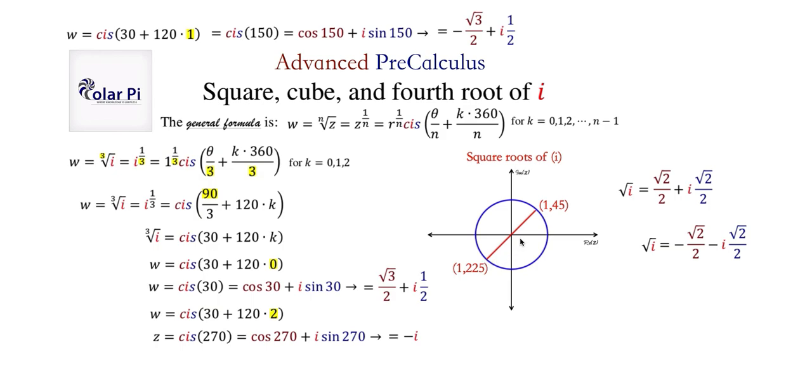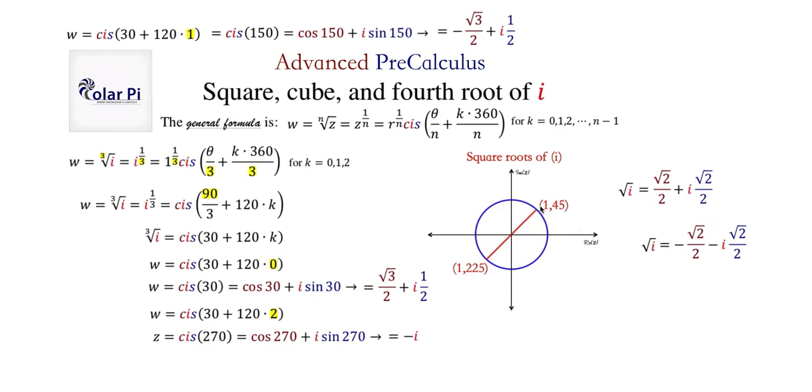To find the other square root, you just go 180 from the first one. Technically, in the real and imaginary axes, this circle and these lines are not there. I'm just helping you visualize the complex numbers. The complex numbers would actually be just a dot here and a dot here. But in any case, their r value and their angle completely determine them, and this one is this one, and this one is this one.